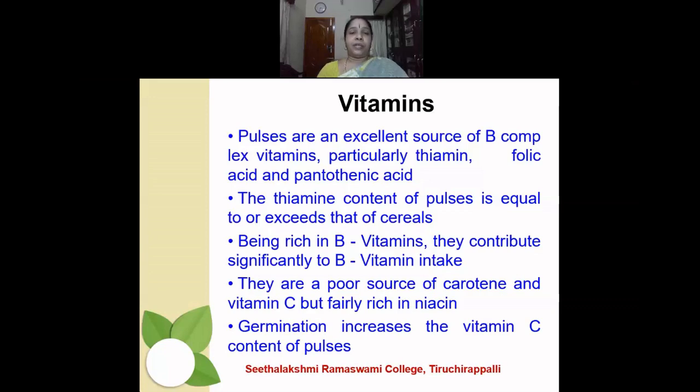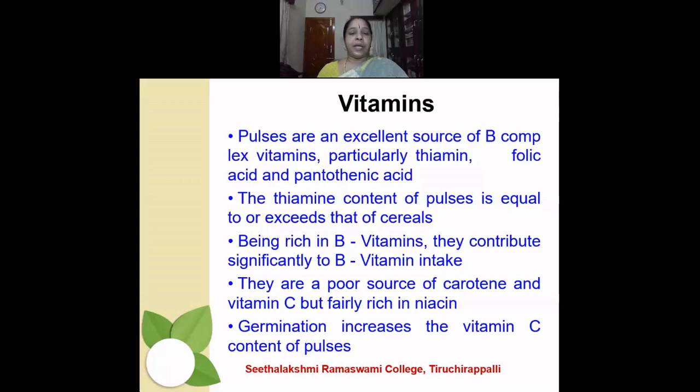The content of thiamine is equal to that present in the cereals, or sometimes even more. It is a rich source of B vitamins and therefore they contribute significantly to the B vitamin intake. So when adequate amounts of pulses and cereals are consumed, it would supply almost all the B vitamin requirement for the human being.